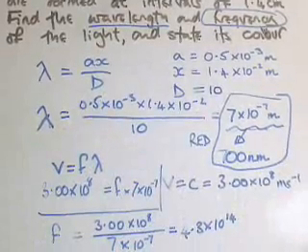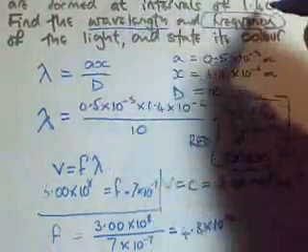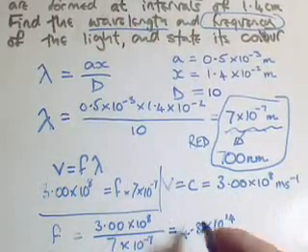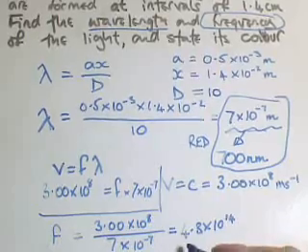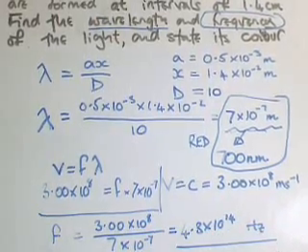Okay, I think that's probably a sensible level of precision given the precision in both values there. What's that in? That's going to be in hertz. Okay, and I'm done.